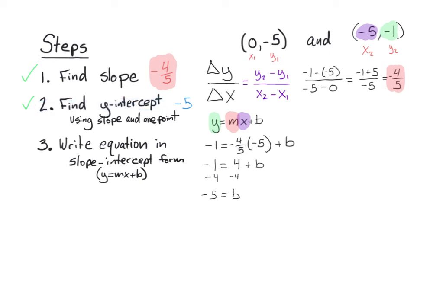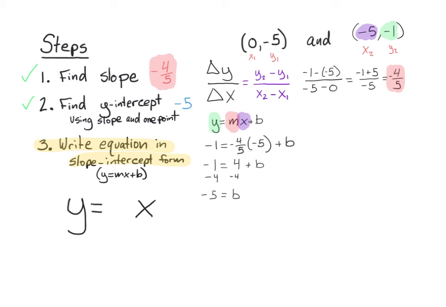Awesome. Last but not least, step 3, write equation in slope-intercept form. Slope-intercept form is y equals mx plus b. Your equation must still include y and x. Those need to stay the variables y and x.